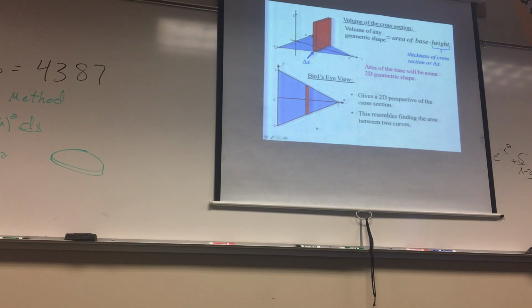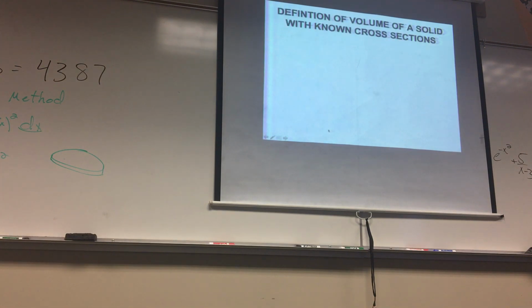And this resembles finding the area between two curves. As you notice here, it appears that you have a rectangle between two curves. So, the definition of the volume of a solid with known cross sections. First, we're going to let S be a solid that lies between x equals a and x equals b, if the cross section is known and perpendicular to the x-axis.